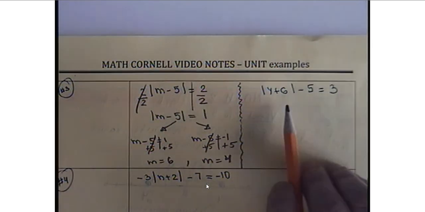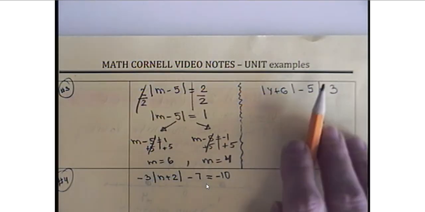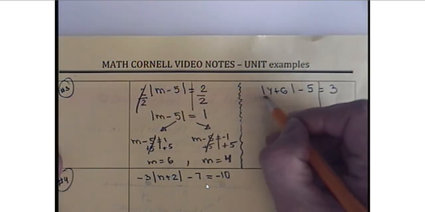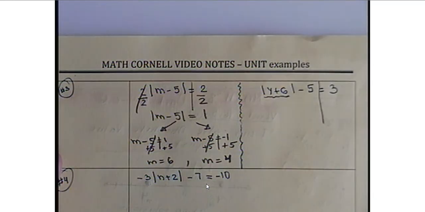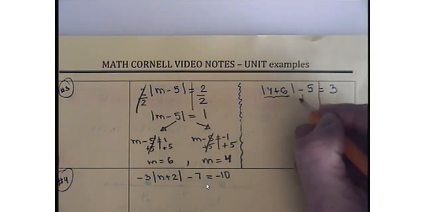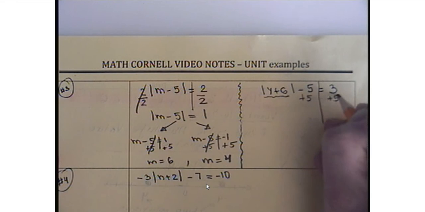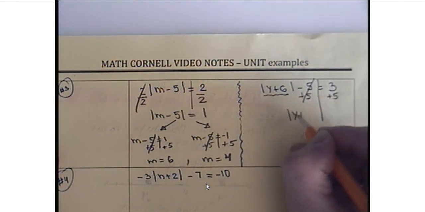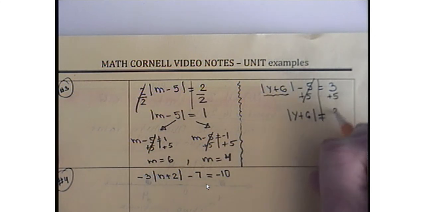Next example, we have absolute value of y plus 6 minus 5 equals 3. So again, our goal is to save the absolute value, but we want to get rid of this number. If it's minus 5, the opposite will be plus 5 on each side. Those two cancel. What is left is absolute value of y plus 6 equals 8.